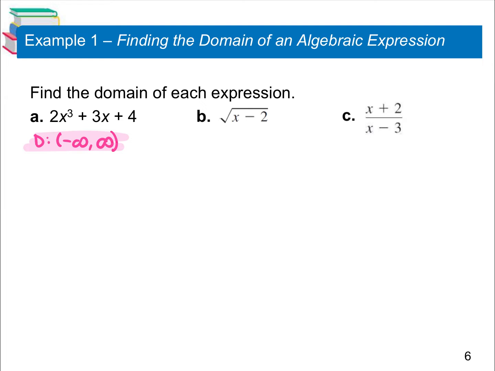So in this case, the part that's underneath the radical is x minus 2. You cannot have a negative number underneath the square root, which is why we set that expression greater than or equal to 0. In order to get x by itself here, we just move that 2 over by adding it to both sides, and that gives you x is greater than or equal to 2.